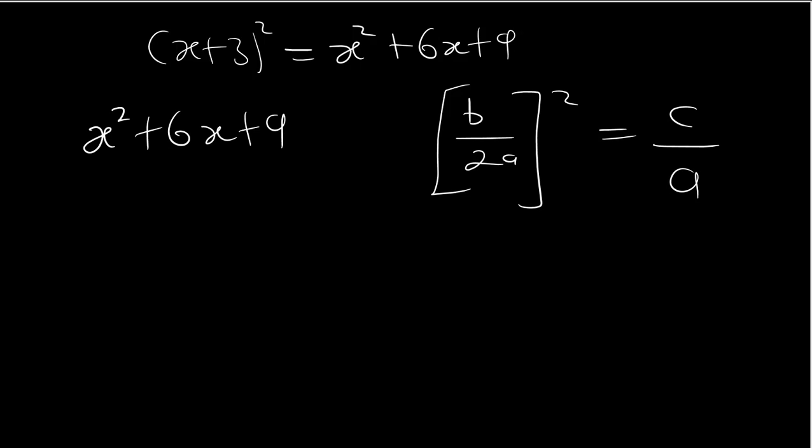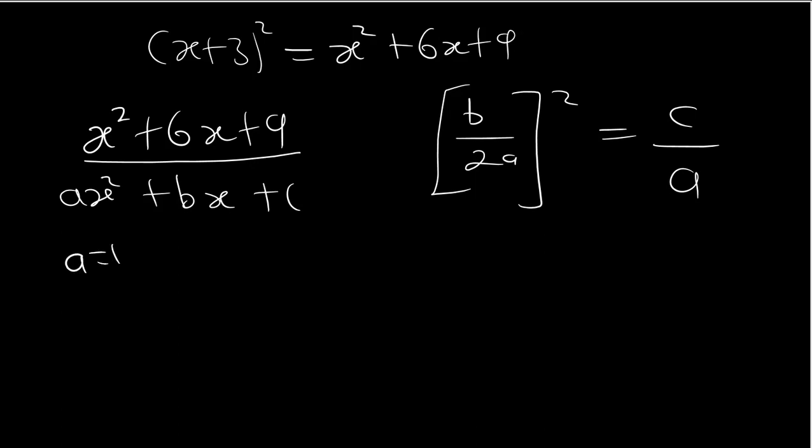From what we are having here, if you compare this particular quadratic expression to the general quadratic expression, which is ax squared plus bx plus c, what is our a? Our a is 1, our b is what? 6, and our c is 9.